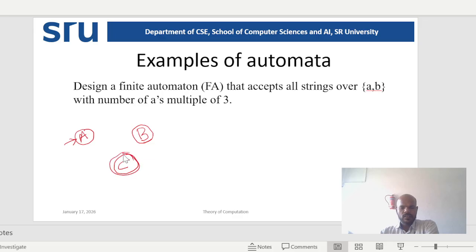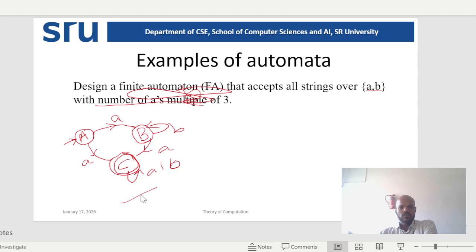Make C the final state, with transitions A, B, and A or B. This is the one automata. You find the language. Don't worry about this one, I am just giving it as an exercise. Try to do this exercise. We'll discuss one more.